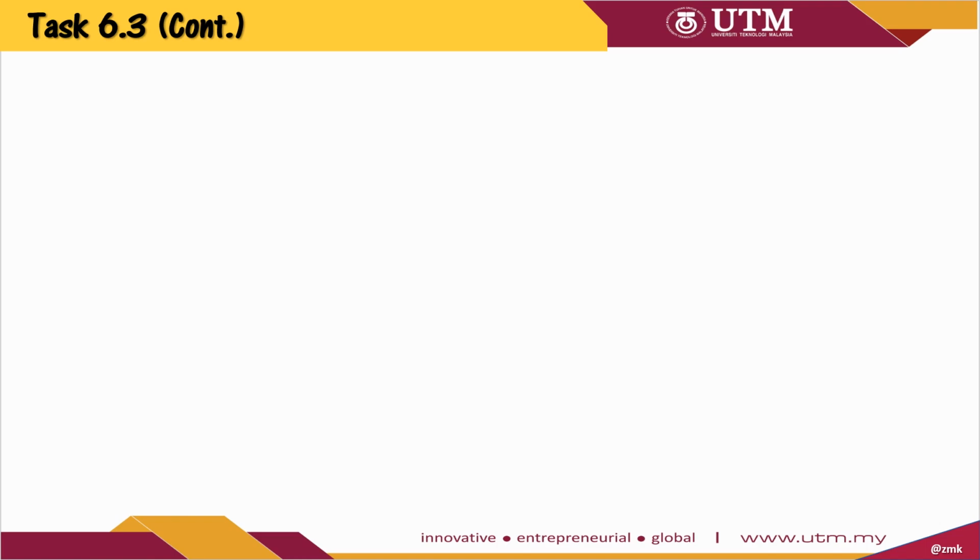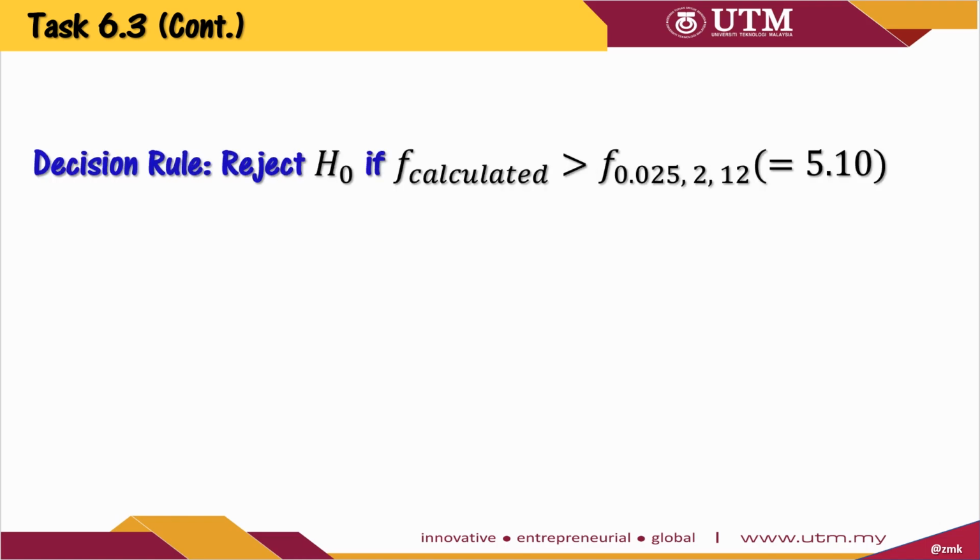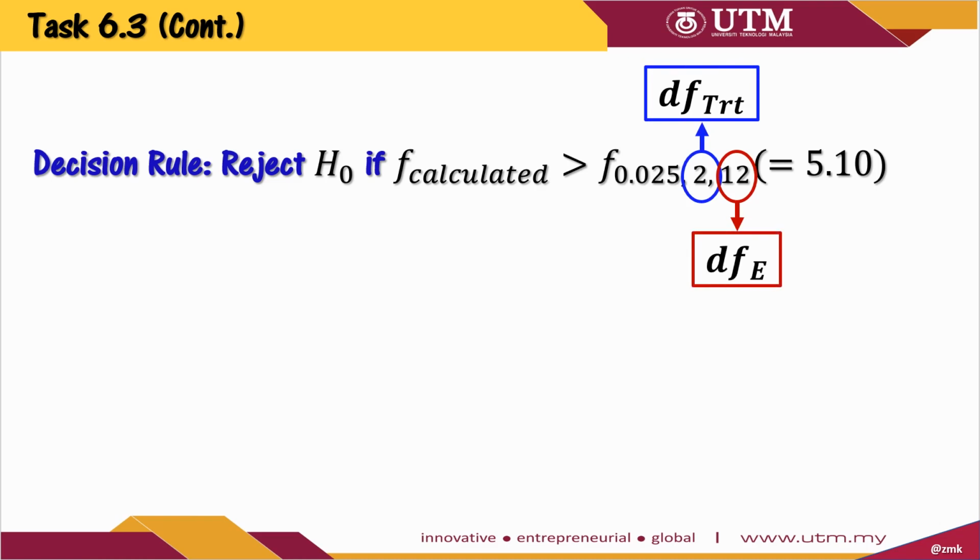Do not forget to write down the decision rule, where you will reject the null hypothesis H0 if the calculated F ratio is greater than the right-sided critical value at the whole alpha equal to 0.025 and the degrees of freedom 2 and 12, where 2 is the treatment degrees of freedom and 12 is the error degrees of freedom. From the statistical table booklet, page 42, you can see that the critical value is 5.10.